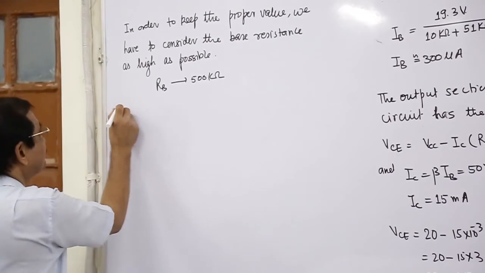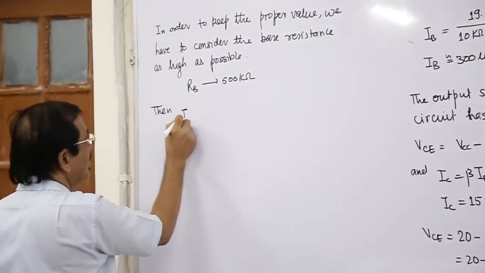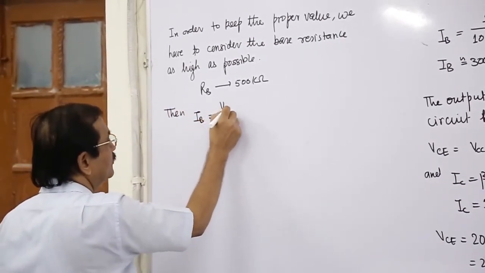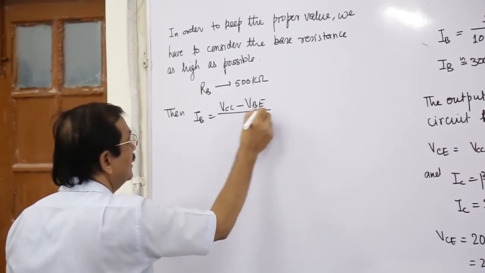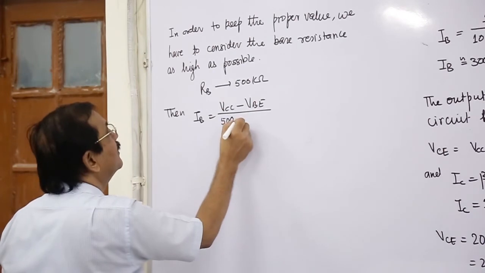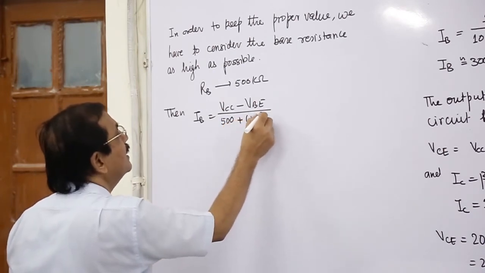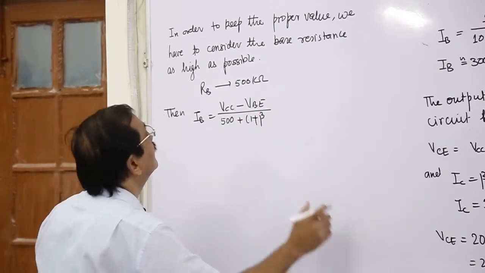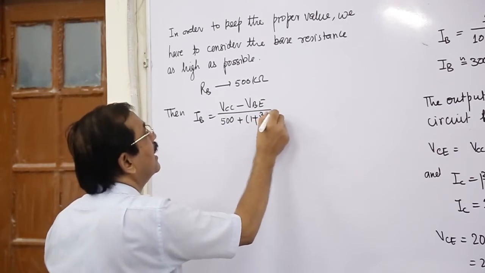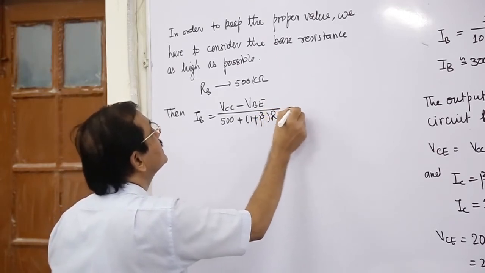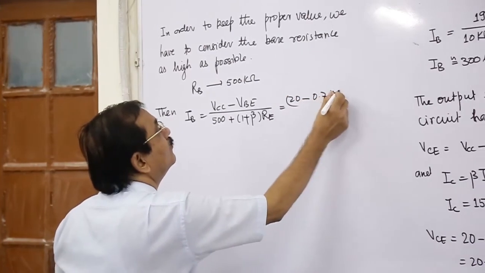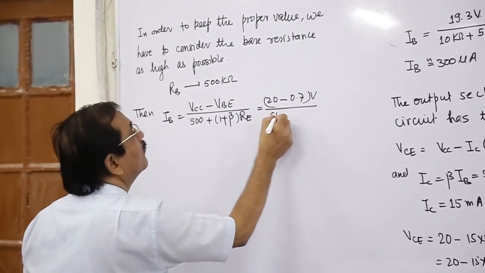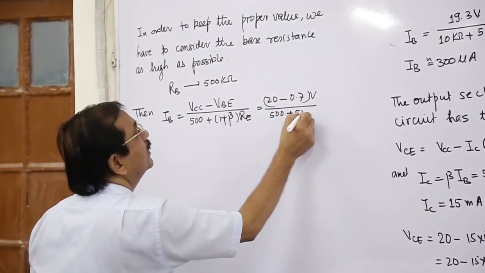then IB is equal to VCC minus VBE upon 500 plus 1 plus beta RE, that is 20 minus 0.7 V upon 500 plus 51 into 1.